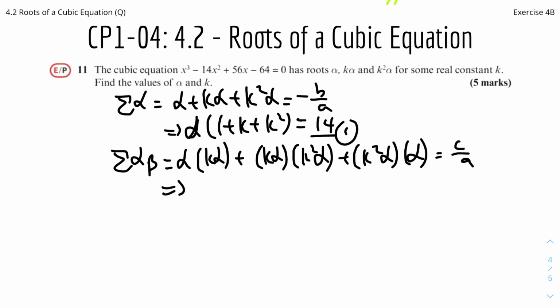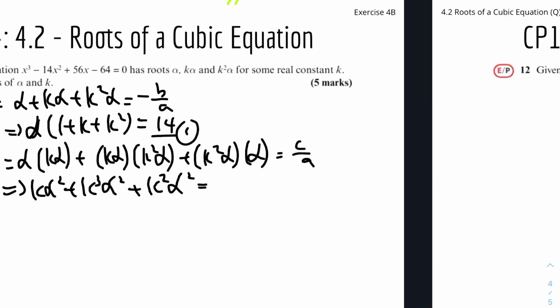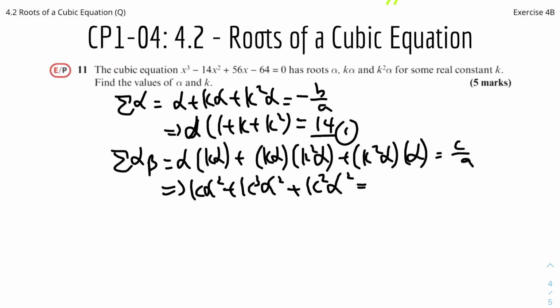And this basically gets us k alpha squared plus k cubed alpha squared plus k squared alpha squared equals c, which in this case is 56. And a is 1, so it's equal to 56.